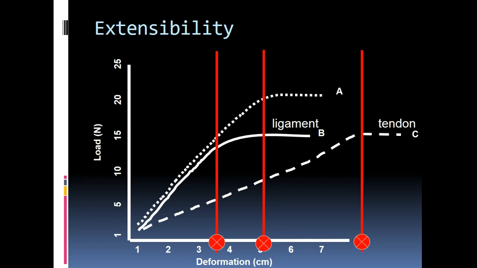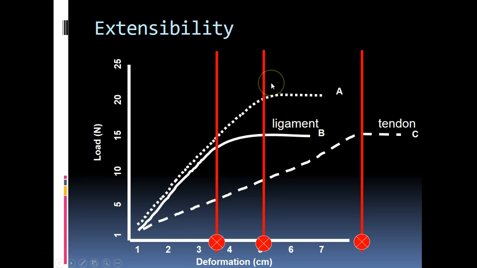We can also see from this graph that the amount of load it takes to reach the plastic phase for tissue A is approximately 20. For ligament B and tendon C, that load is around 15. So they can withstand less load than maybe the muscle, but ultimately the tendon is able to be deformed more, right?